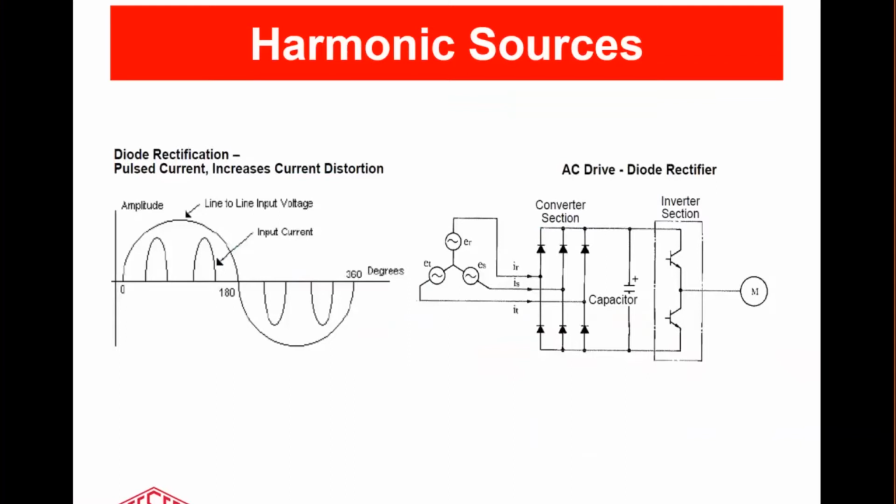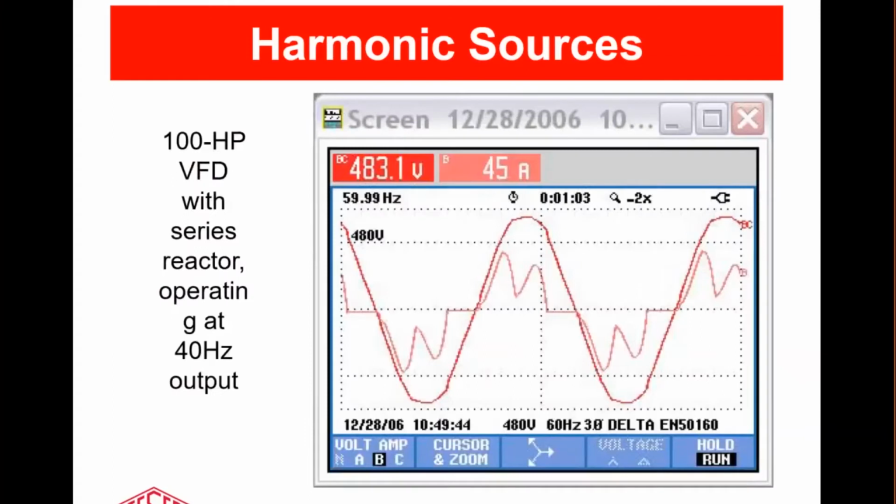We now have a lot of diode rectifier 6-phase and 12-phase variable speed motor controls. These generate really nasty waveforms that look like 2 pulses on each half phase. So in fact, here's one in the real world, and you can see that looks nothing like a sine wave.